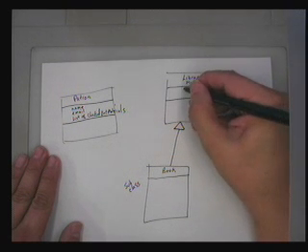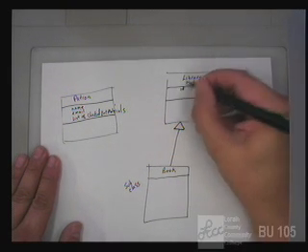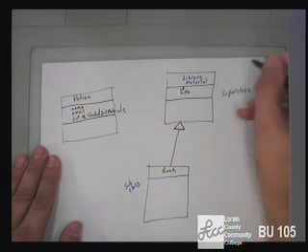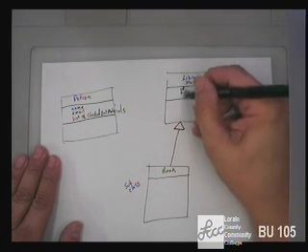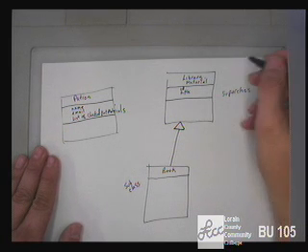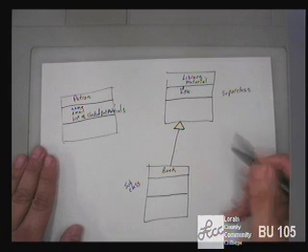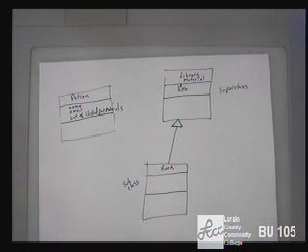Library materials, I think we said, had some sort of ID number, some sort of title, and maybe some other attributes as well. You only need to put in the subclass the stuff that's not in the superclass.